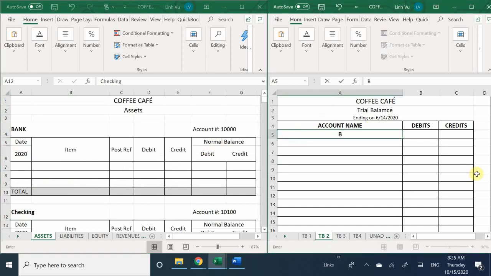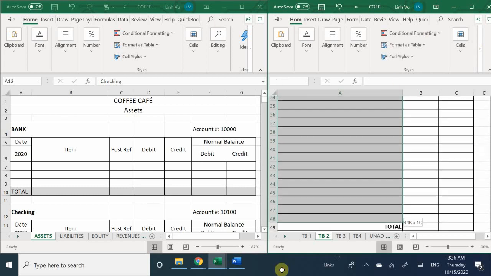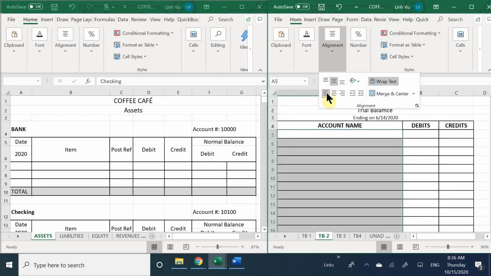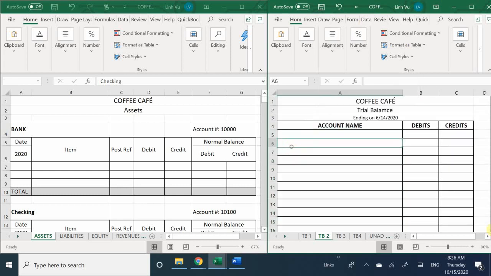I'm going to paste in my first main account, which is my bank account, and I'm going to indicate that this is a main account by keeping it capital.